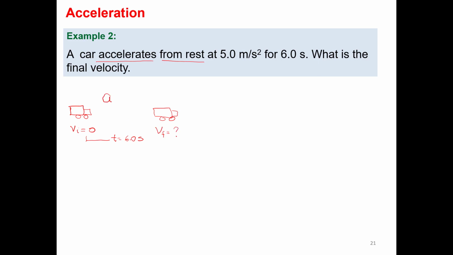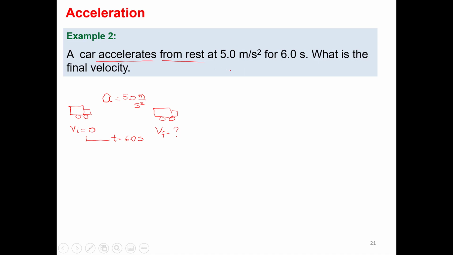We know the constant acceleration of the car is 5 meters per second squared. This is not the final velocity, and we know that by the units, because meters per second squared corresponds to acceleration.